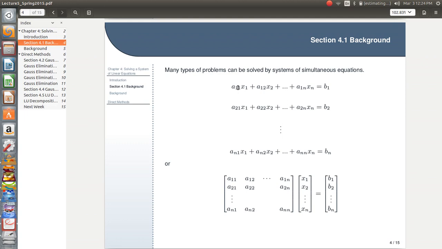And each of those equations then has a solution. This is often rewritten in matrix form, where all of the coefficients for the equations make up what's often called an A matrix, and all of the solutions make up what is often called a B matrix.